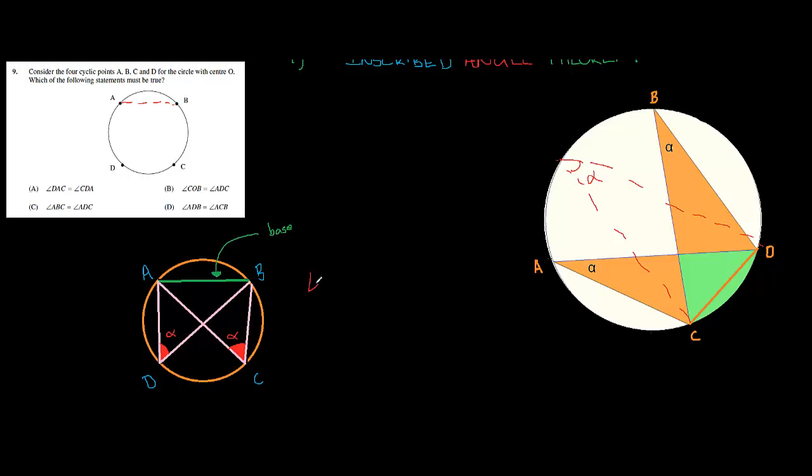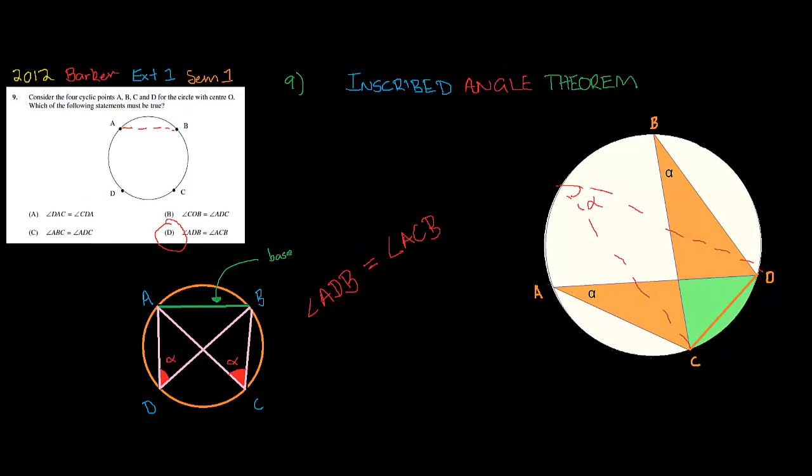So this angle here, ADB, which is this little alpha here, will equal angle ACB, according to the inscribed angle theorem. And that example is just this one here, D. So that's why it's D, according to this inscribed angle theorem.